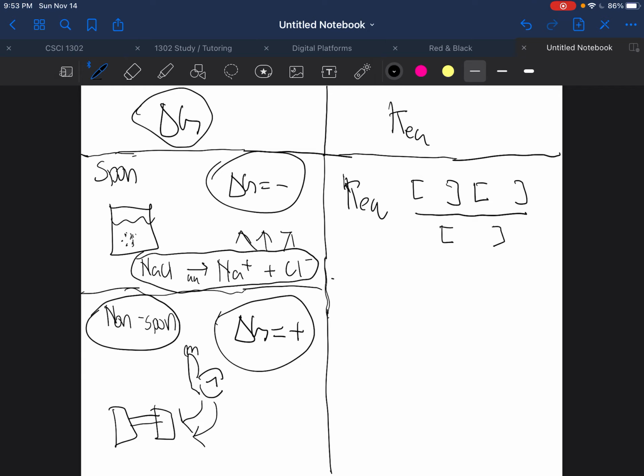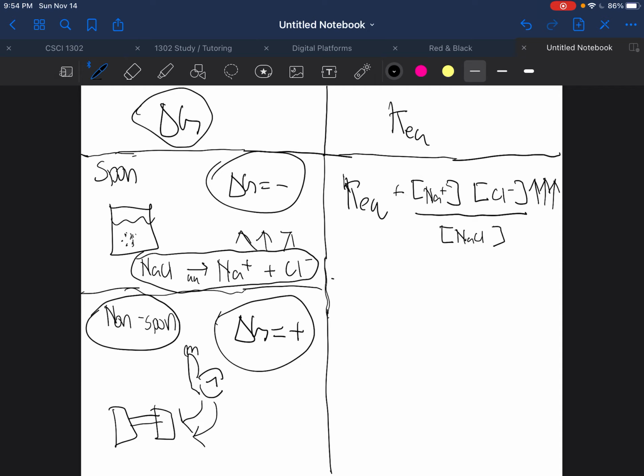So the Na+ and the Cl- are the products, while the NaCl at the bottom is the reactant. We said that this is a spontaneous reaction, which means that at equilibrium there will be a lot of the dissolved ions because it just happens on its own, without the addition of free energy.